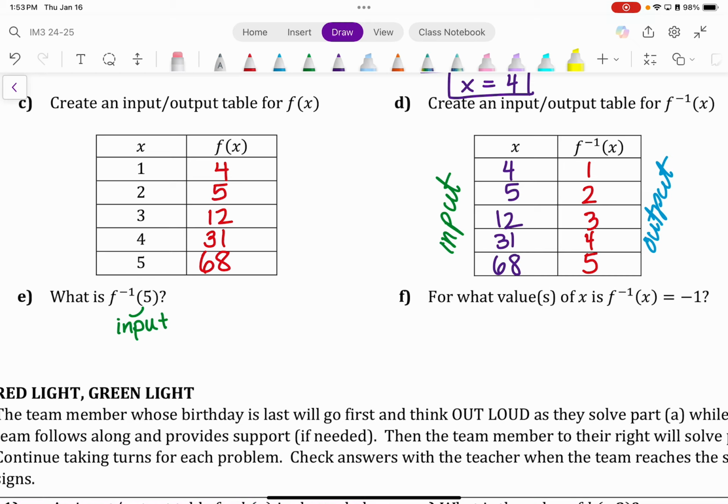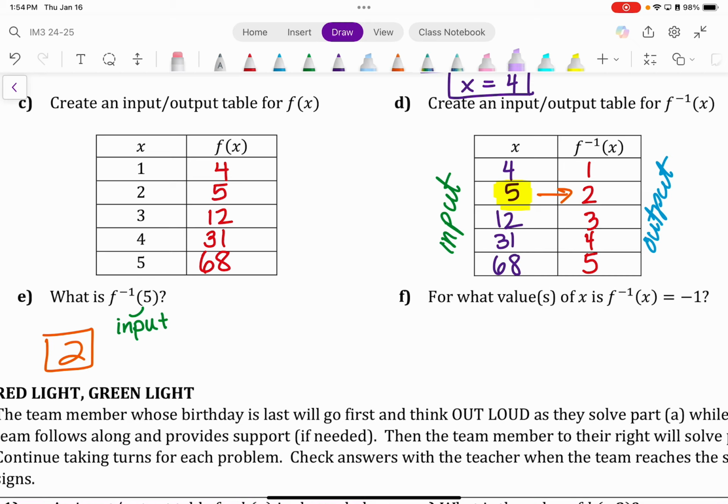So we're looking here under the x's. We see 5 is right here. What is the number that is attached with the 5? 2. So your solution is going to equal 2. If 5 is the input, then 2 is the output. Okay? All right.